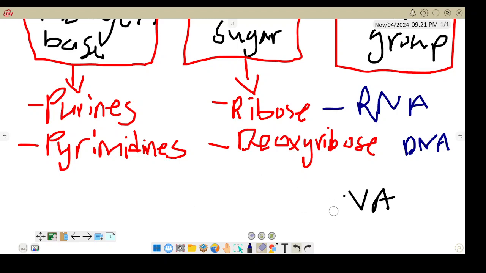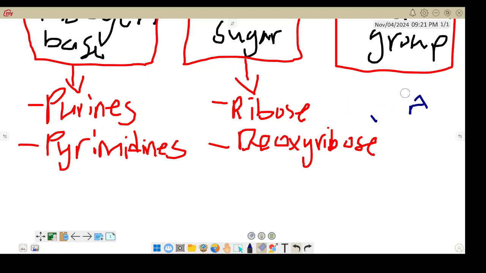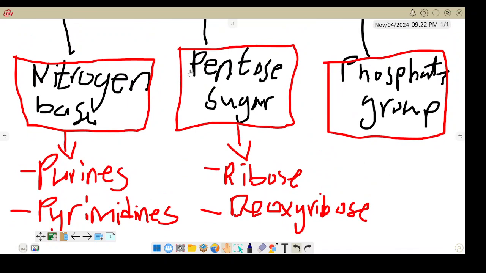Now, let's talk about the phosphate group. This one is not well known, so our focus is mainly on these two. Key things to take note of: the phosphate group is acidic.